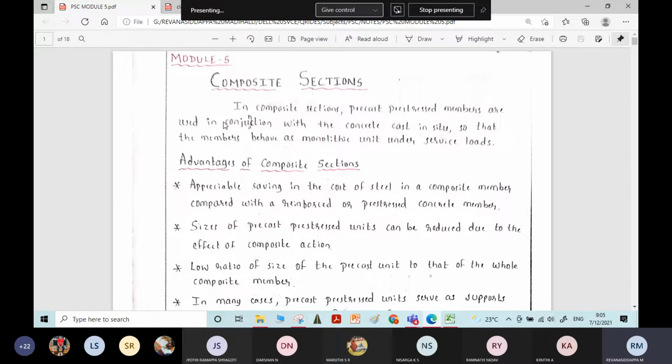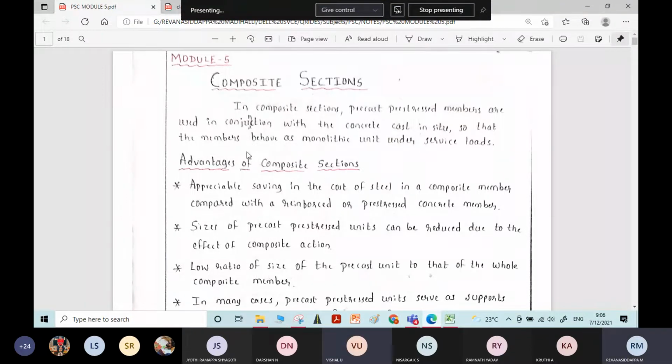I think you might have seen the construction of bridges and flyovers. There, the girders or the beams will be cast in the casting yard and directly placed between the piers, and over those girders, the slab will be cast. In situ concrete will be placed.